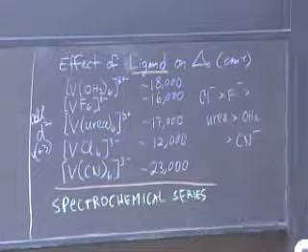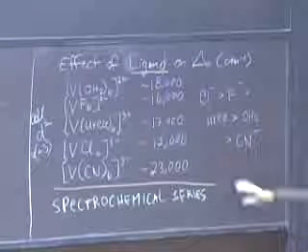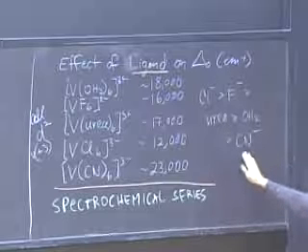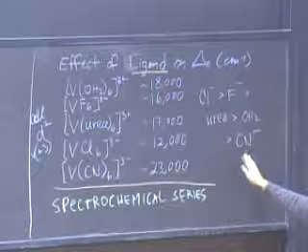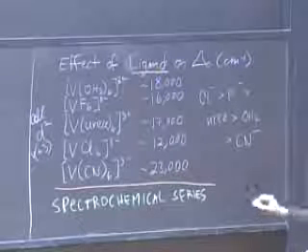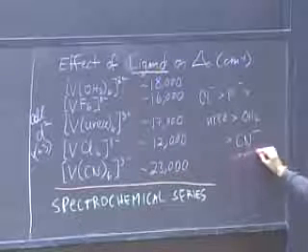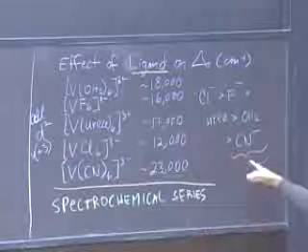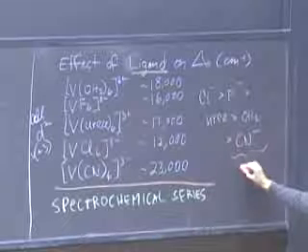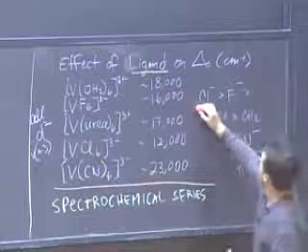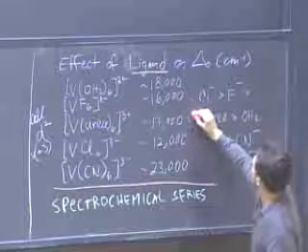Okay, and when we try to understand the order that these different ligands appear in the spectrochemical series, we're going to find out, as we study the properties of the molecular orbitals of these systems, that cyanide is a pi acid, and that down here, chloride is a pi donor.